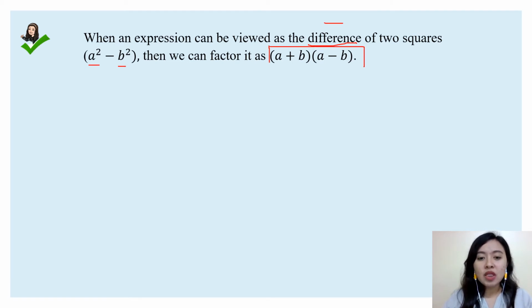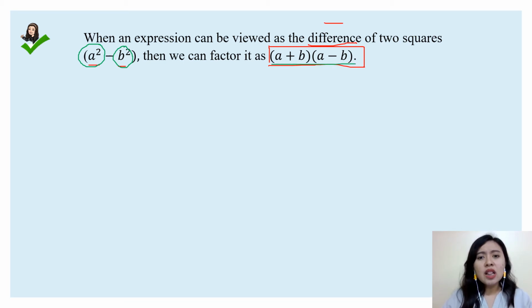This is the pattern that we will be using. So if both terms are square numbers and it involves the operation subtraction, you can use this pattern.